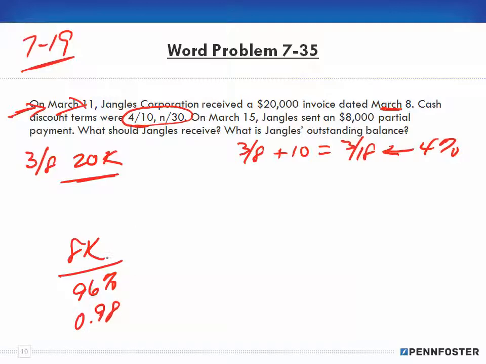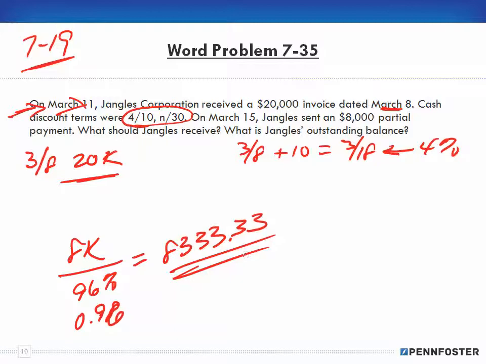So if we take 8,000 and divide it by 0.96, we end up with 8,333.33. That's the amount that's going to be credited to their account because they paid the partial payment of 8,000, but they're also due a credit for the 4%, since they paid it within the discount period.